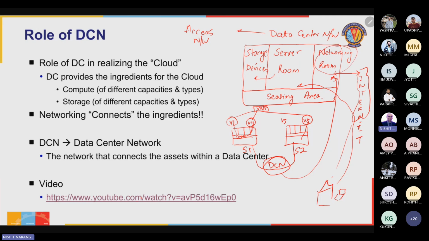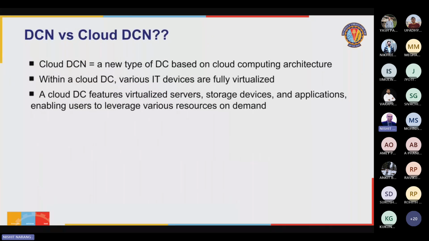Once again, the networking room. So the networking room or the data center network, as we call it, is the network which is connecting all these other assets, the servers, the storage, together within the data center. Right? So it plays a very essential role in realizing the cloud environment. So that's a quick overview of what a data center network is.